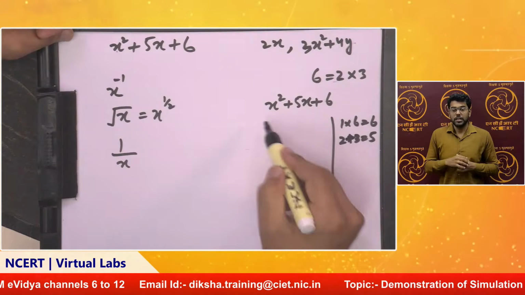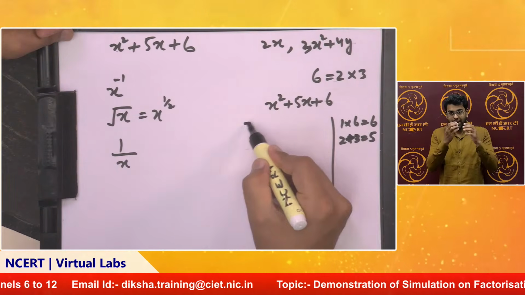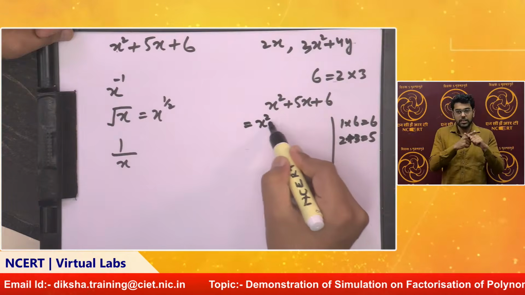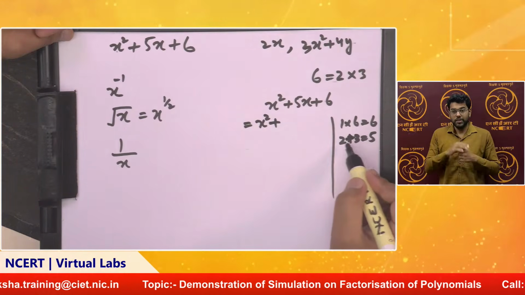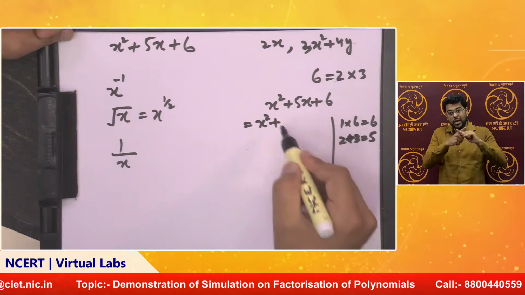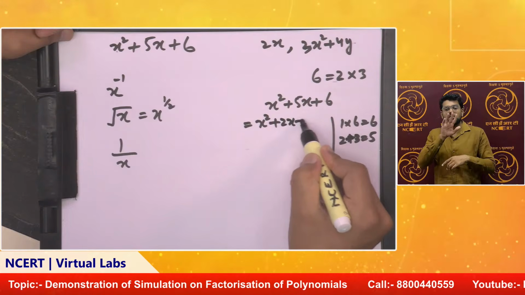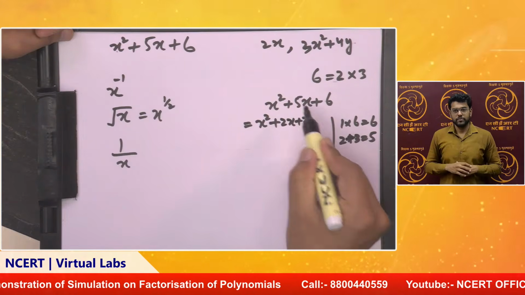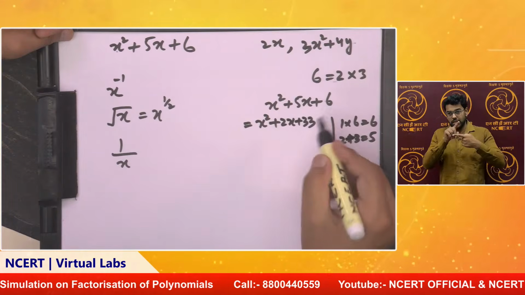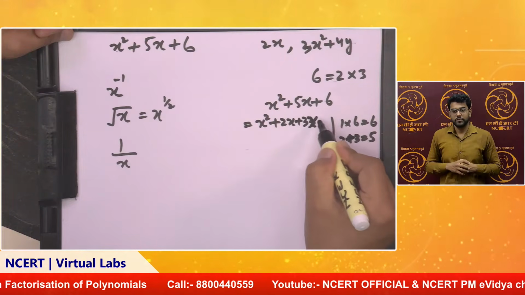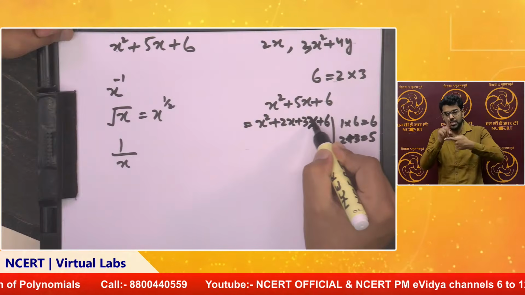In this way, I will break this polynomial. We will write x square plus, instead of 5x, 2x plus 3x. 2x plus 3x means 5x. I have broken this middle term. Got it. And plus 6 as it is.